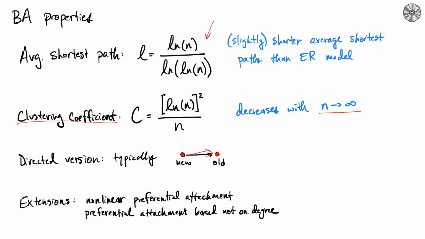There can be a number of other interesting extensions. In particular, you can change exactly how the preferential attachment calculation works. It could be not necessarily linear, so it doesn't have to be just proportional to k. It's also possible that you could have preferential attachment based on some other characteristic other than degree.